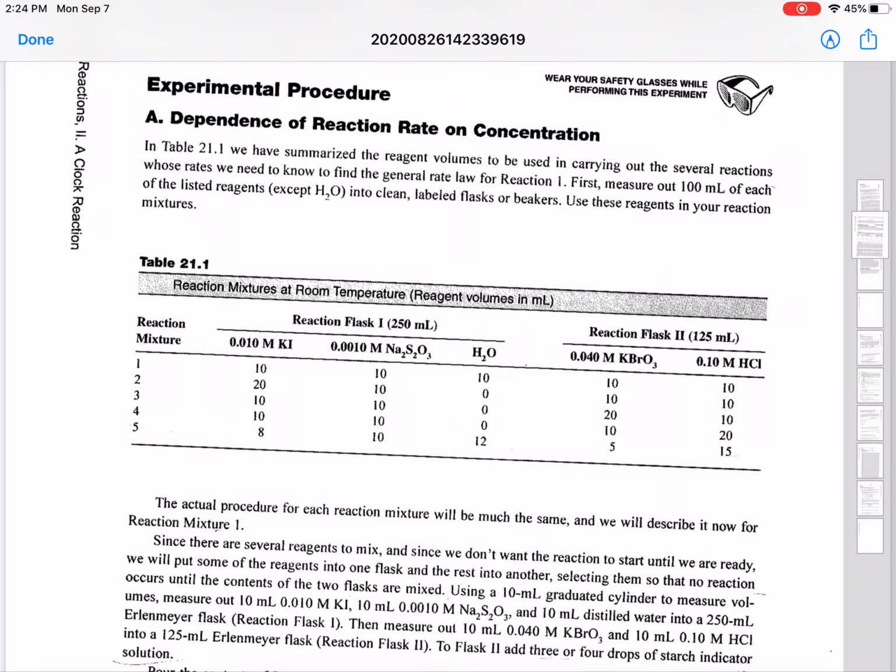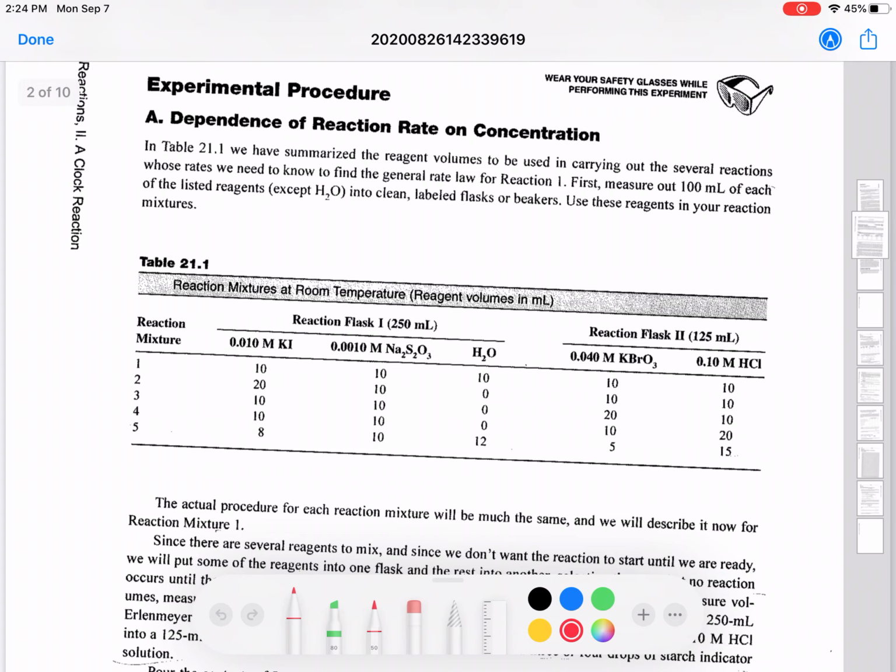So you basically are going to take 2 flasks. Okay, so you will see in your virtual lab you will have two reaction flasks. Reaction flask 1 and reaction flask 2. So for the first flask, you're going to be adding potassium iodide, your sodium thiosulfate and water.